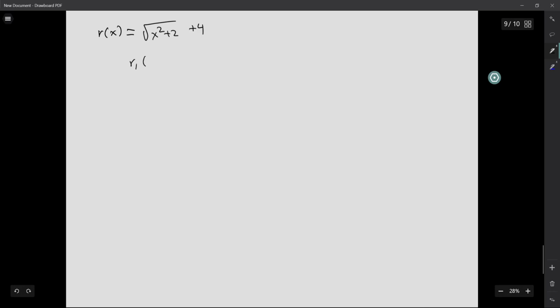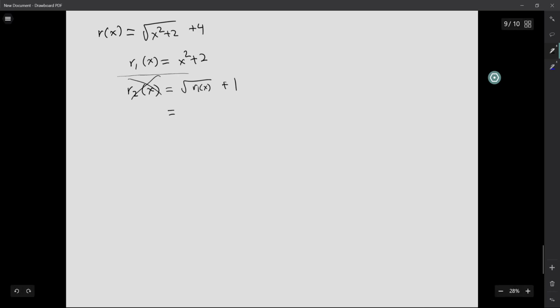We'll do r1 of x equal to x squared plus 2, because that's inside of something else, which should make the other part, the square root of that stuff, my r1, plus 4. Maybe I shouldn't have written it that way.